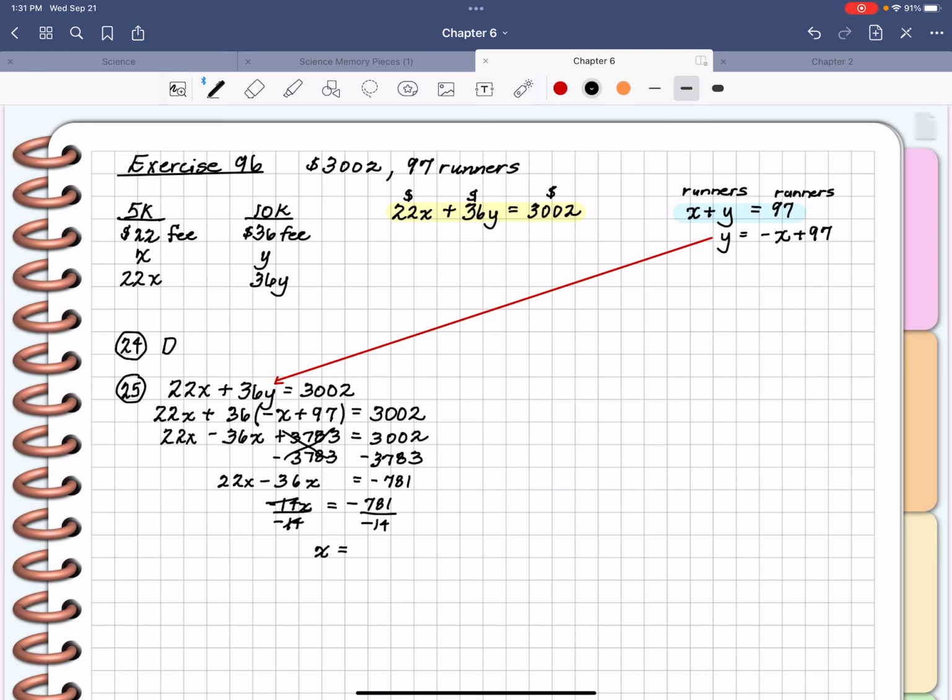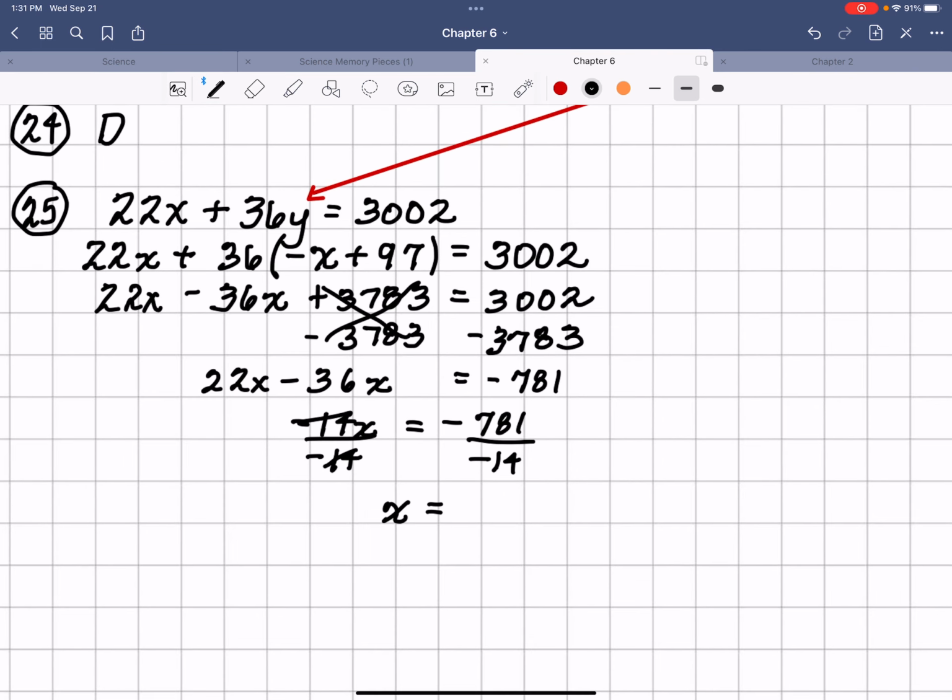So y equals negative x plus 97. We're substituting that in. 22x minus 36x. Let me check that 36 times 97 again. There it is. Even on a calculator, I can't do it. Hopefully, you recognized that before I did.